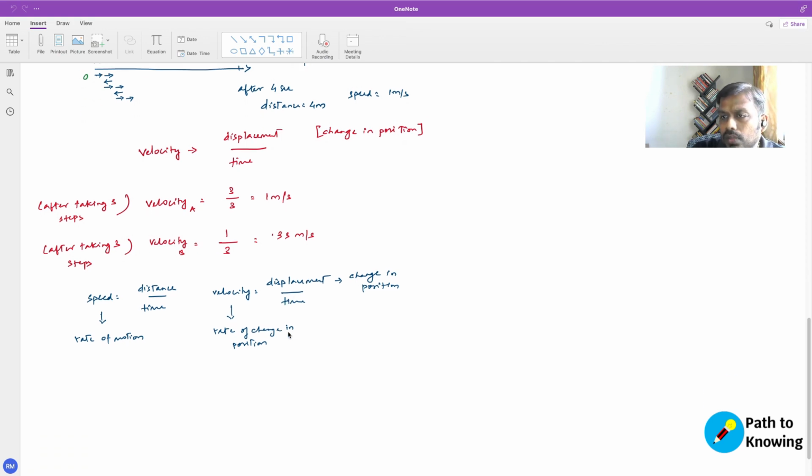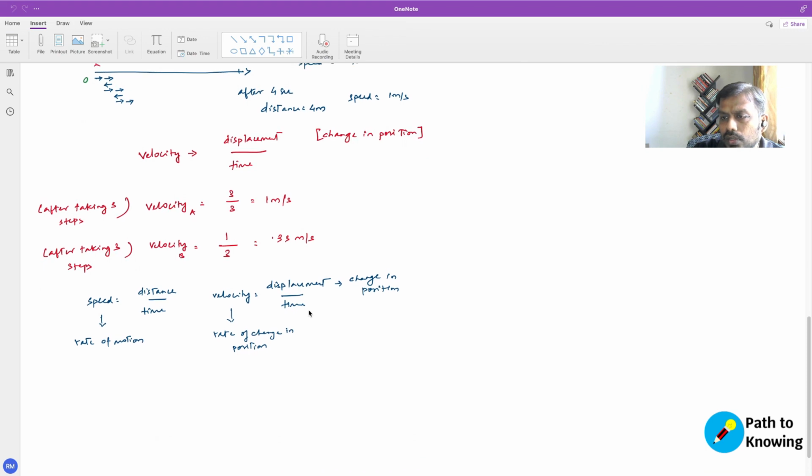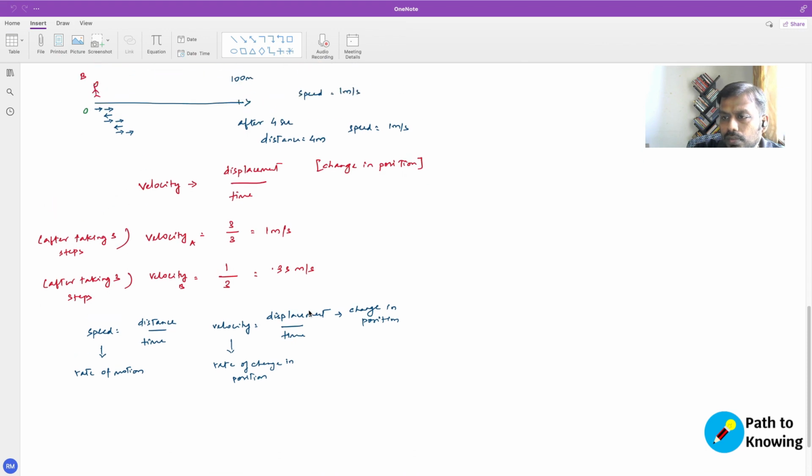And if you really observe, in all cases, your displacement will always be less than or equal to the distance. When will it be equal to the distance?